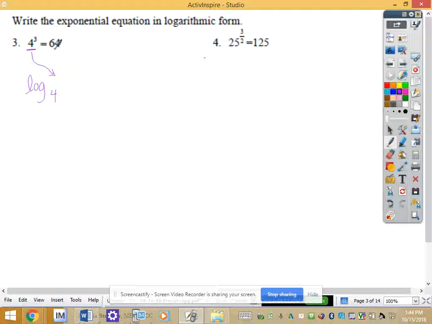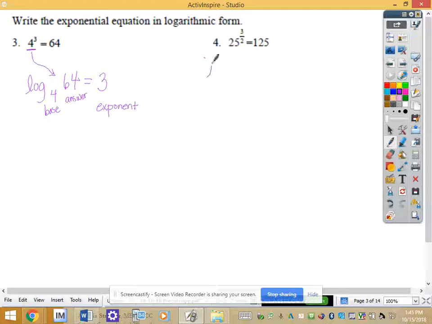Your answer is what comes next, so 64, and then it's equal to whatever your exponent is. And if it helps, I will label these: exponent, base, answer. Okay? If you're not sure, put that in the calculator and see if that's what it comes out to be when you put it in that way.